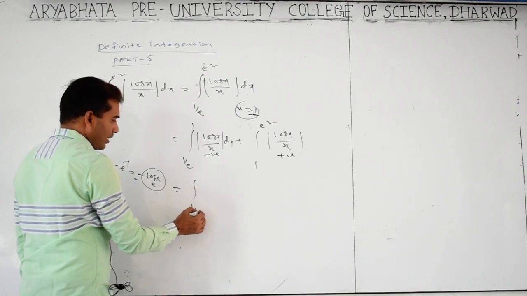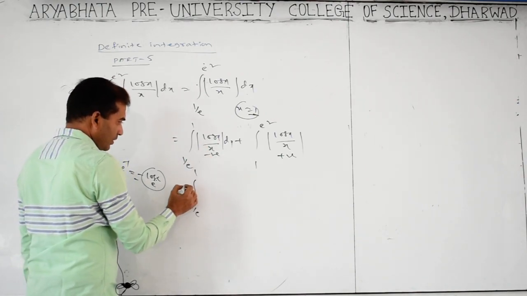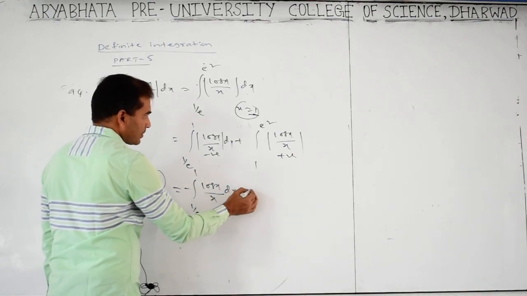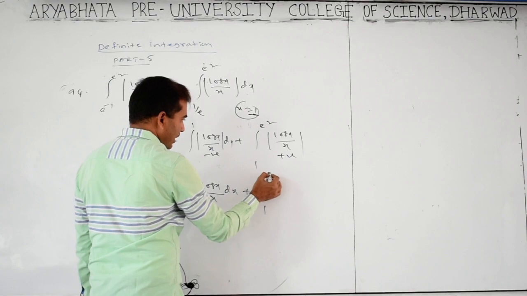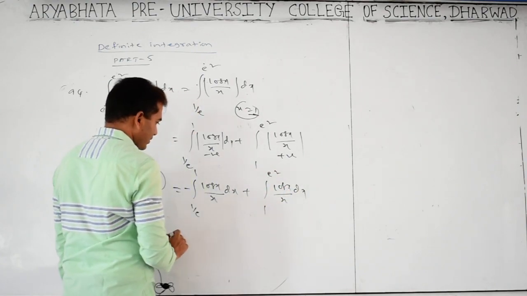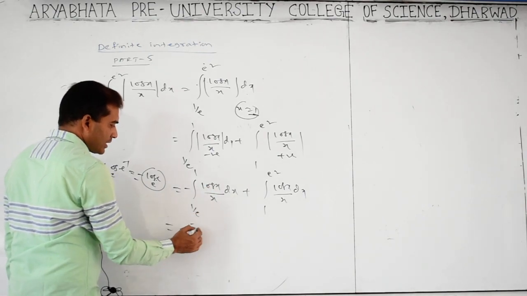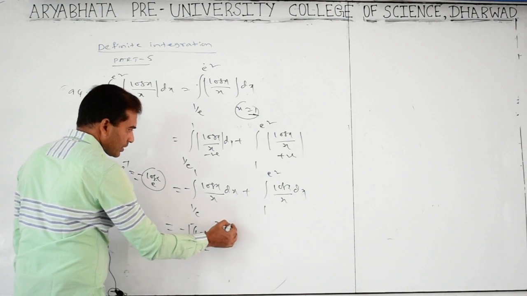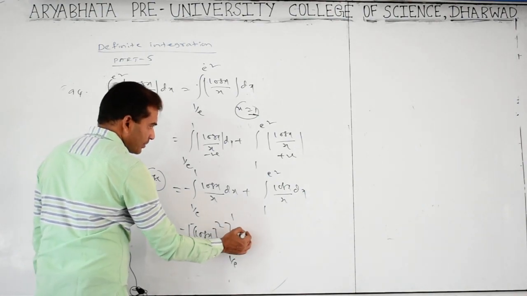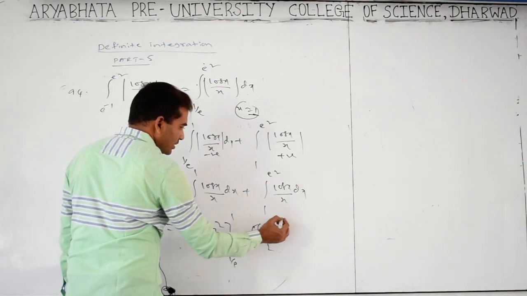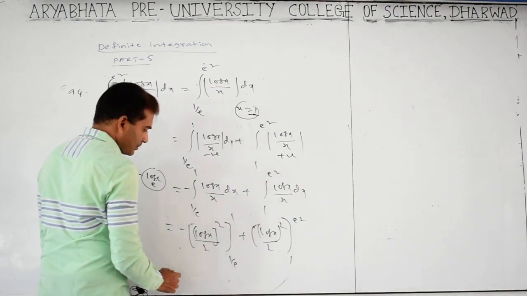Integration of 1 by e to 1 of minus log x by x dx plus 1 to e square of log x by x dx. The derivative of log x is here, so log x whole square by 2, limits 1 by e to 1, and also log x whole square by 2, limits 1 to e square.